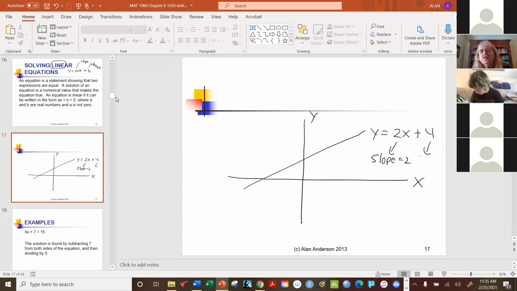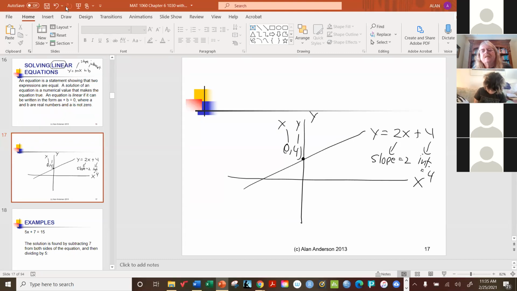And the intercept is 4. All right, I'm out of space. I'll just put int. Intercept equals 4, which means right here is the point 0, 4. I'm sorry, I wrote it backwards. The x is the one that's 0, and the y is 4.